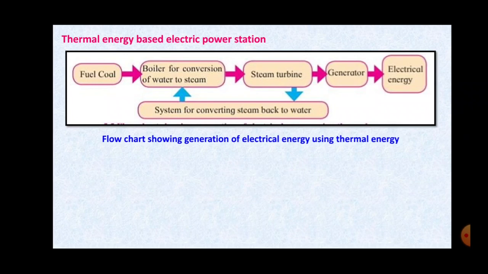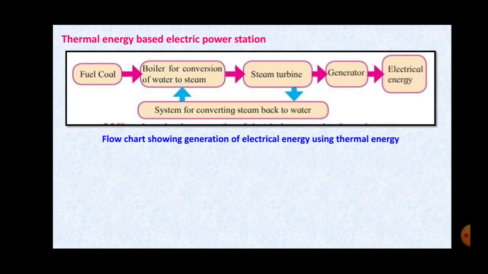And I hope you remember what happens to the turbine when any flow of gas, vapor or liquid takes place. It starts rotating, right? Water is converted into steam in the boilers, and then from the boilers the steam is passed on to the turbines, so the turbines start rotating.